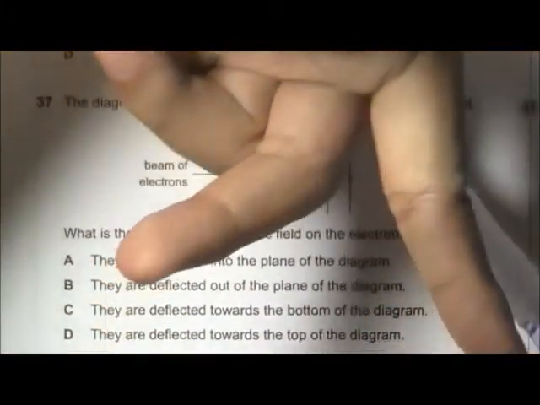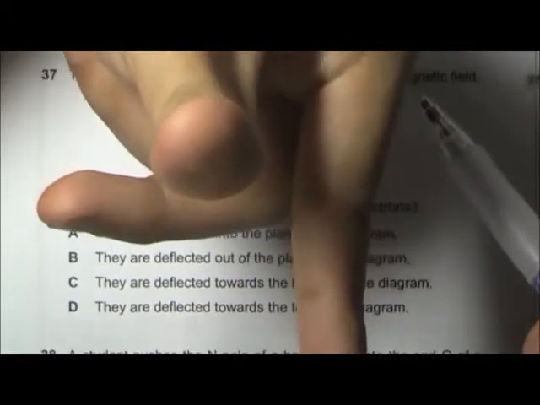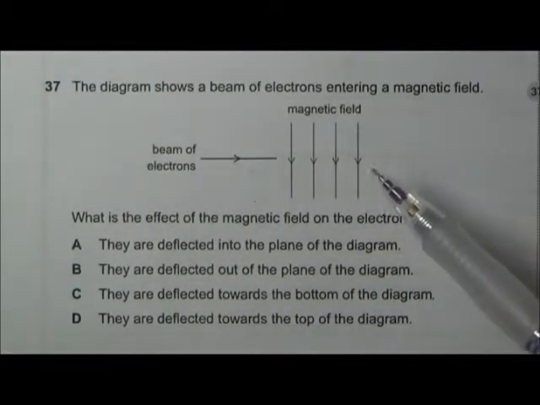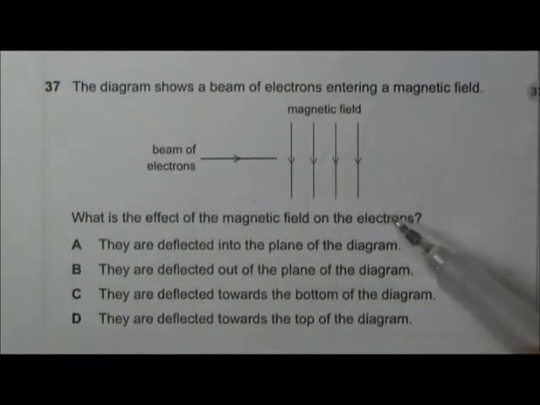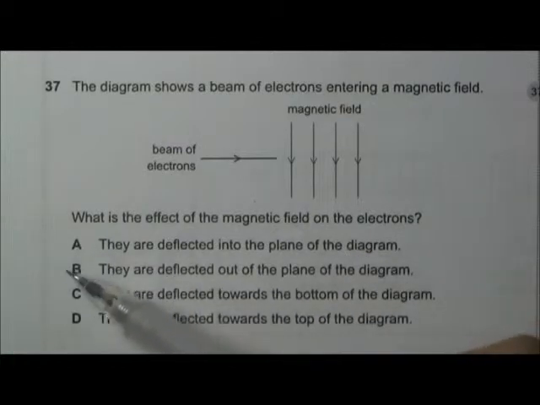We direct our index finger downwards. You can see that our thumb is actually pointing out of the paper. So it will cause the electrons to be deflected out of the plane of the diagram. So the answer is B.